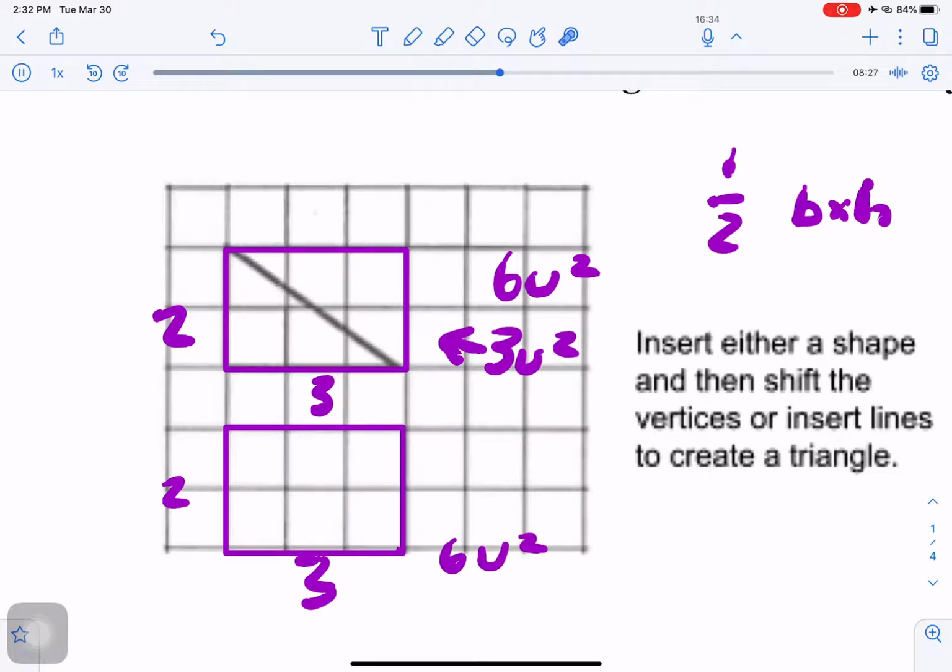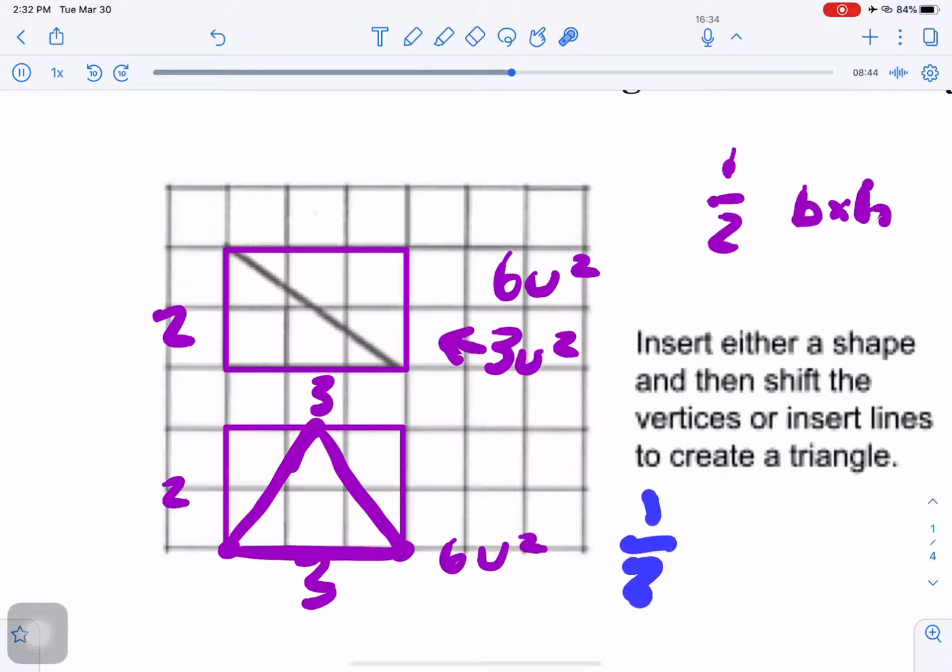But now, if I draw one vertex here, another here, and maybe do one in the middle, if I connect my lines, my new triangle is going to have the same area. Thinking about the formula here, half of 6 is 3 units squared.